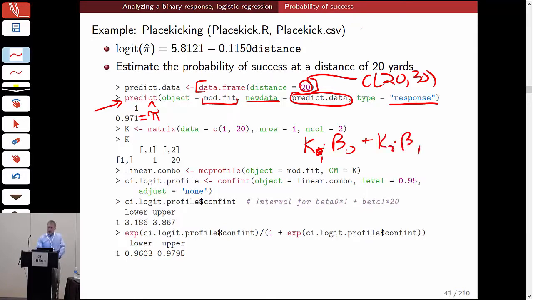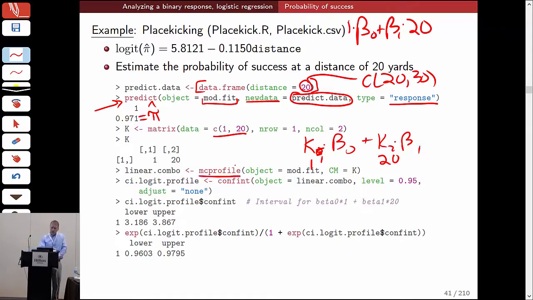I want to find an interval first for beta 0 plus beta 1 times 20, and then I'll use the exponential function transformation to get to what I want in the end. So I'm going to choose a k2 to be 20, and then you can think of 1 times beta 0 there, so I'm going to choose a k1 equal to 1. I put this all into a matrix, just like what we had before. That's my K, and then it's just a matter of applying the same techniques that we just saw.